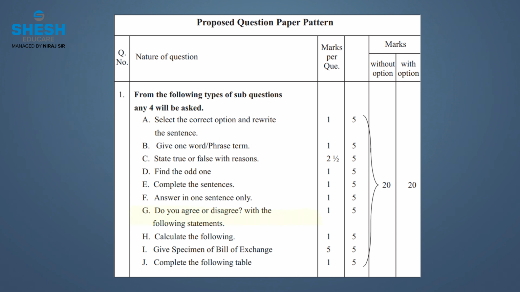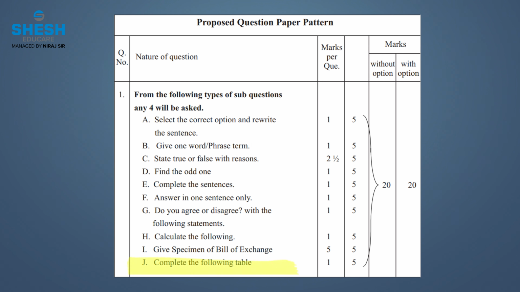G could be do you agree or disagree. H could be calculate the following. Now this will include calculation of due dates, ratios, etc., basic mathematical calculations. Then I could be specimen of bill of exchange, format of bill of exchange, and J could be complete the following table.